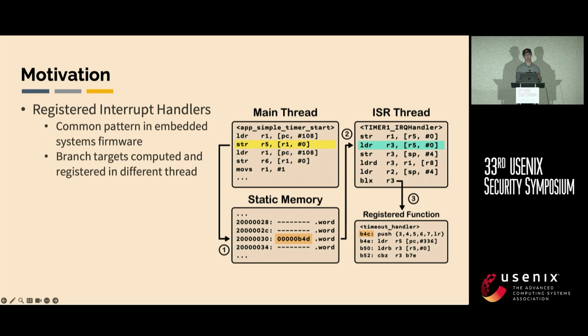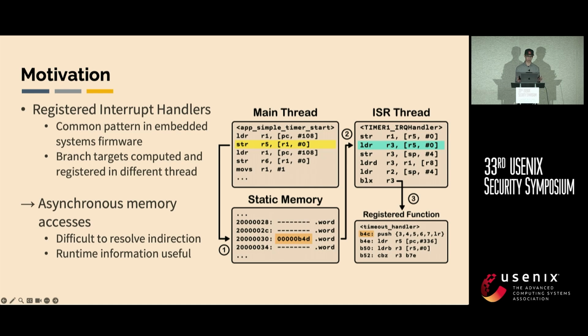They give the function their handler pointer. And then when the interrupt service routine fires, it then calls back their function. So this is kind of characterized by some asynchronicity. So you can register this function in the main thread, and it gets called back in an ISR thread. And yeah, for all intents and purposes, I'm calling them threads, even though they're slightly different.